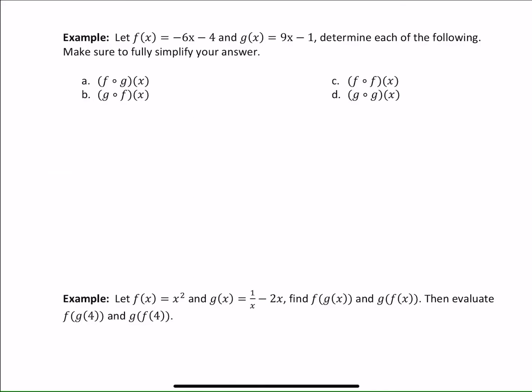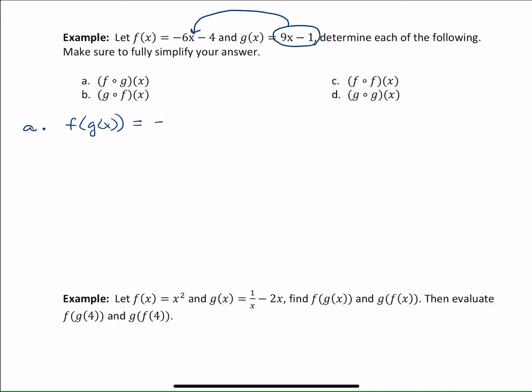Let's look at this next example. We've got f of x and g of x, and it wants us to find 4 different things. So let's look at A. If it wants f of g of x, that means I'm going to plug g into f of x. So I'm going to take my g and plug it in for the x in my f of x.